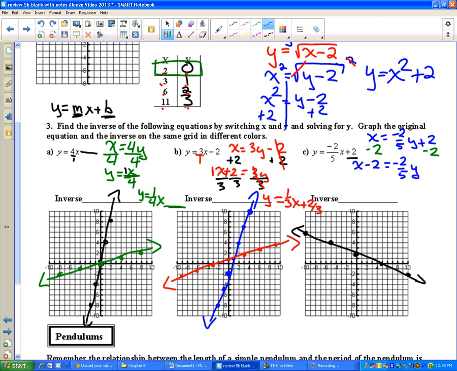Now to get rid of that times negative 2/5, I want to multiply by its reciprocal, negative 5/2. I flip the fraction, the sign stays. What I do to one side, I have to do to the other, but I need parentheses on this left side, so negative 5/2 is going to be distributed into the x and into that minus 2.